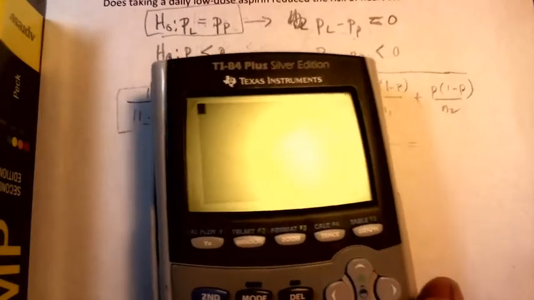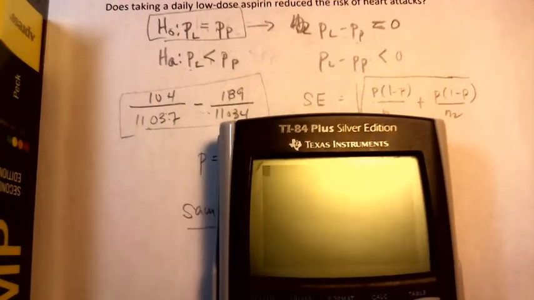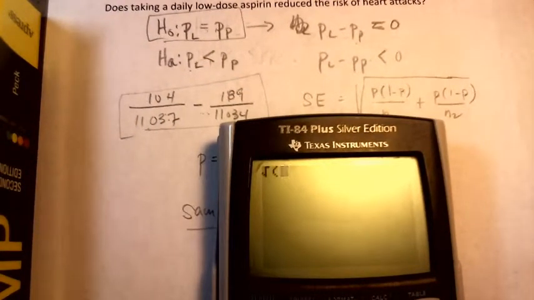I'll use that p that I just stored. I'll go the square root of p times 1 minus p divided by 11,037 plus p times 1 minus p divided by 11,034.